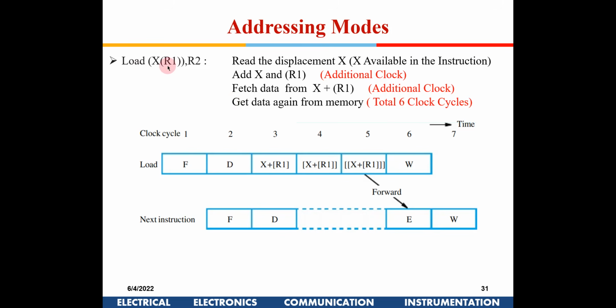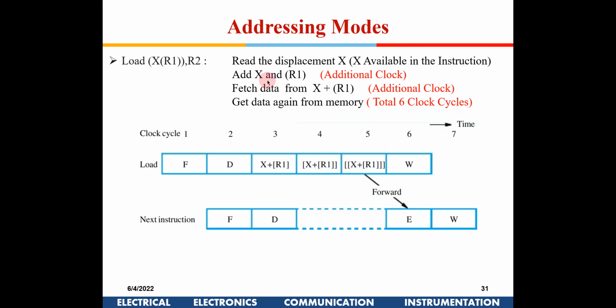In a CISC computer you can have even more complex instructions, like this. The contents of R1 will be added to a displacement X, and then the data from that memory location will be fetched. One more bracket is here, so that actually corresponds to a memory location again.